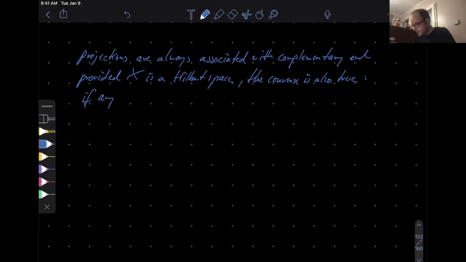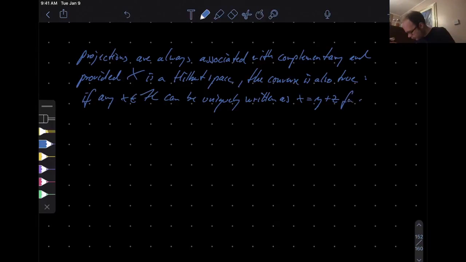So how to see this? If any x in H can be uniquely written as x equals y plus z, for y in S and z in the orthogonal complement, where S is a closed subspace, then how do we define the corresponding projection?